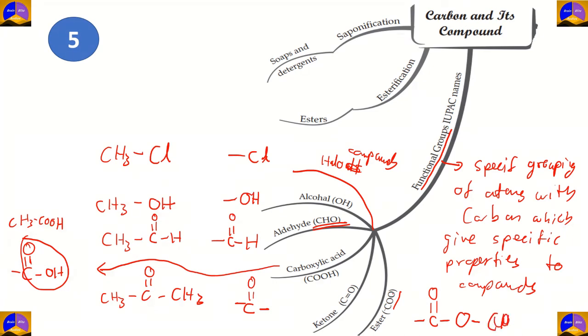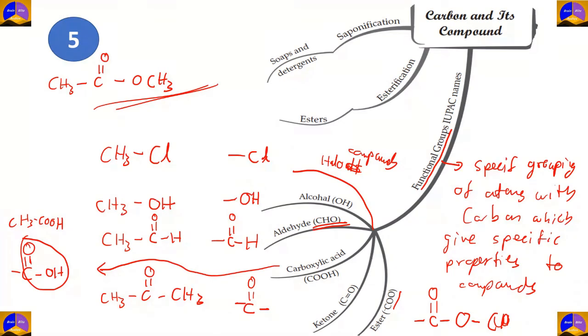An example for an ester would be CH3 C double bond O O CH3. So this is methyl ethanoate.